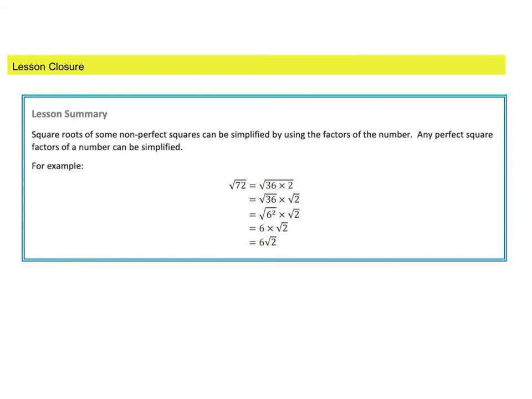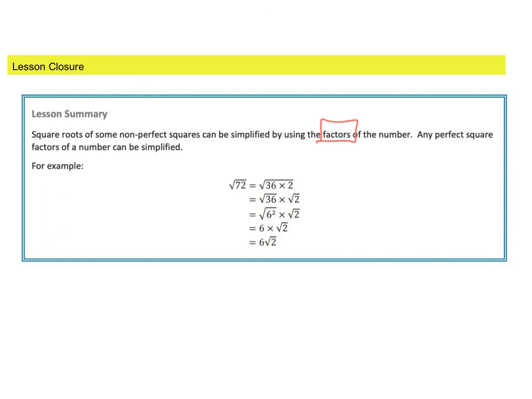All right, just to close out this lesson today with our lesson summary, square roots of some non-perfect squares can be simplified using factors. So our factors that we chose today, we wanted them all to be perfect square factors. So that's why we're making that list of 4, 9, 16, 25. Okay? And once we got a perfect square in there, we could remove it from our radical sign to simplify it.